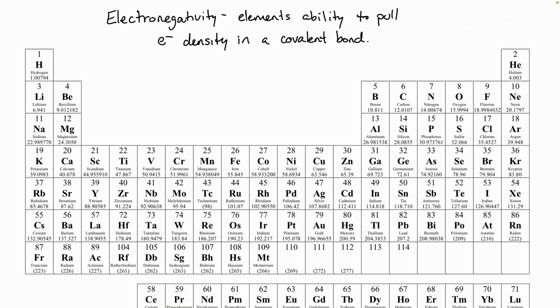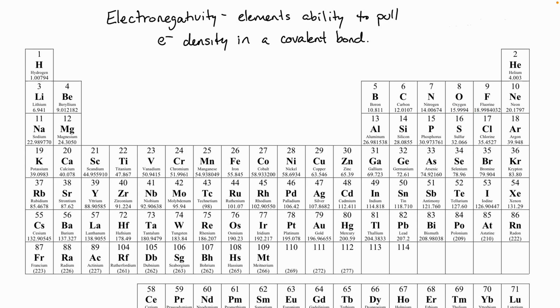So what the heck does that mean? Covalent bonds: 2 elements are sharing these electrons. But they are always in this tug of war over those electrons. Both elements want to pull that electron density onto themselves.